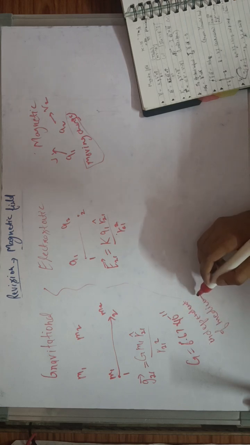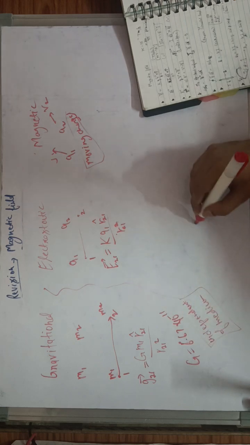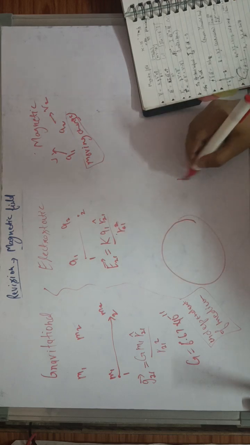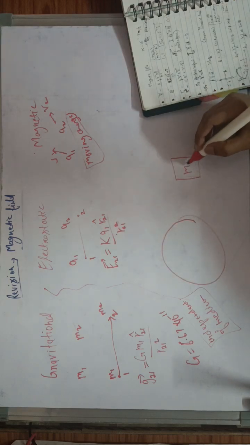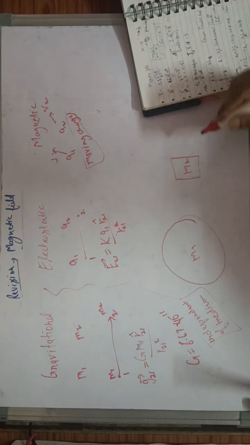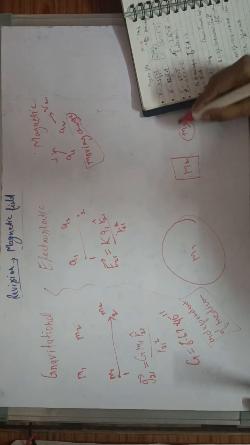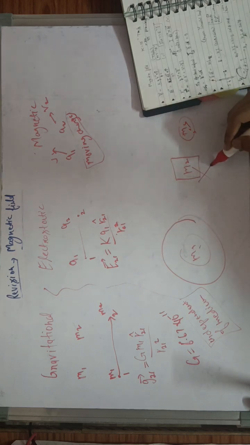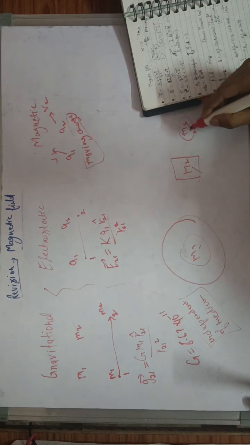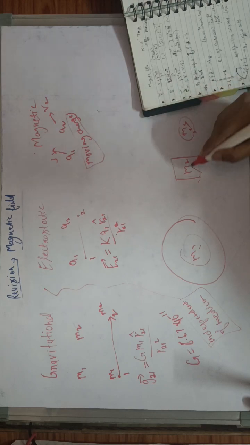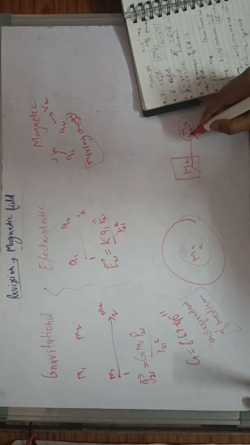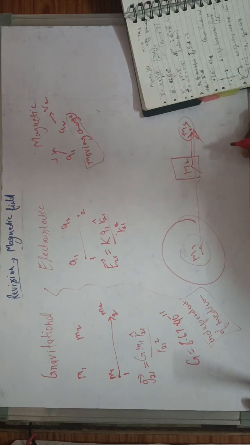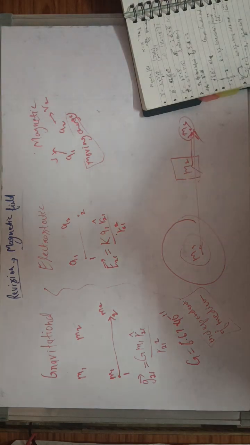If there is a mass m1 here, mass m2 here and mass m3 here, then the gravitational field at this point due to this mass is unaffected by the other mass. So the field at this point would be due to mass m2 and due to mass m1, so we have to take the sum of gravitational fields due to both masses.